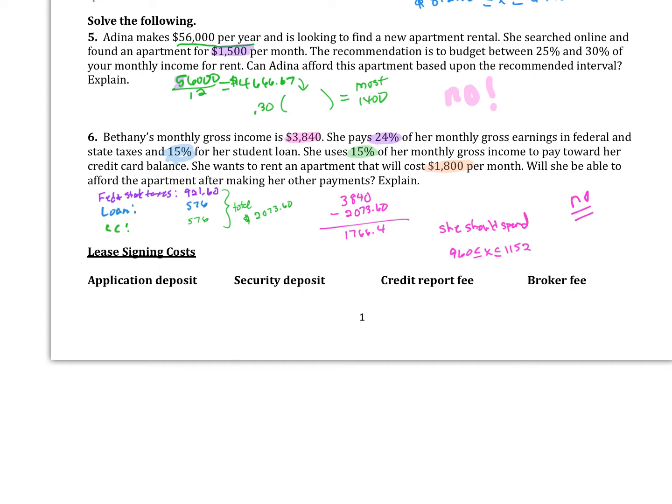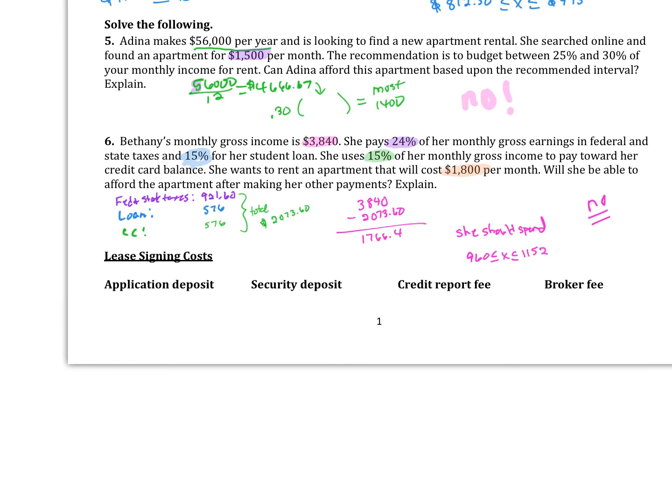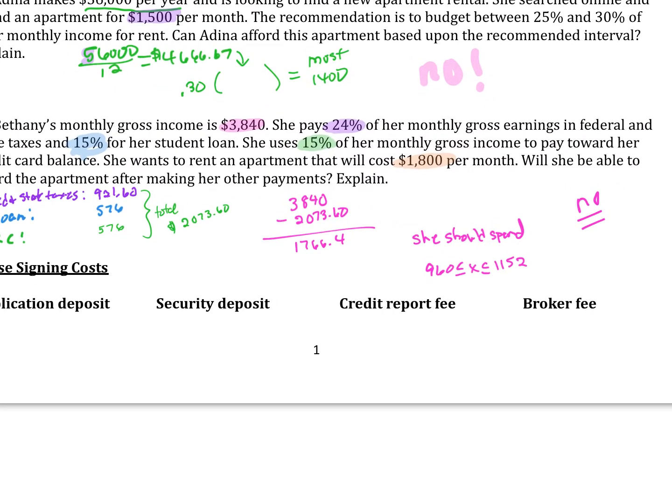Right, well, you could just say no after you realize that she really doesn't have $1,800 after she pays taxes. How did you get that she should spend 960 to 1,152? 30%. I did 25 to 30% of her, I got 529.8.